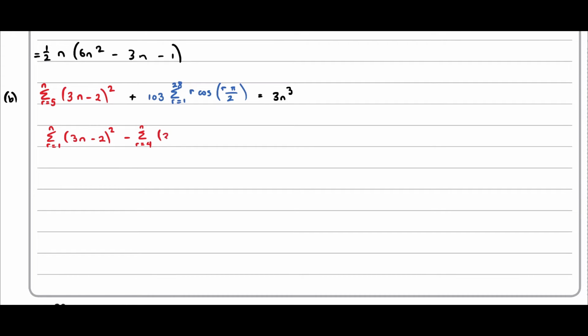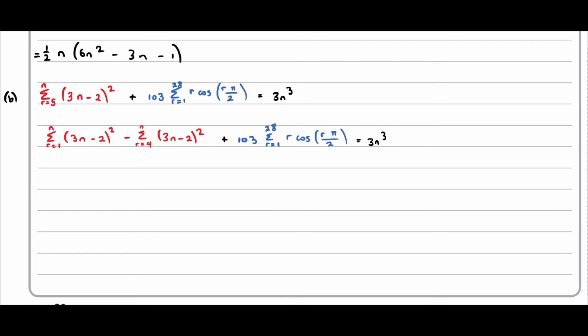And we also have the bit in blue, which is 103 lots of the sum from r equals 1 to 28 of r cos of r pi over 2. And obviously this is equal to 3n cubed.